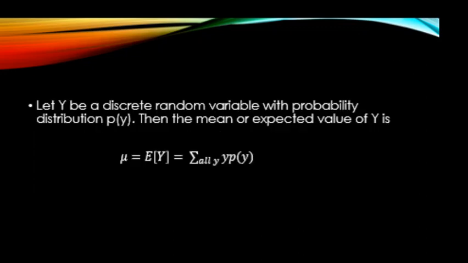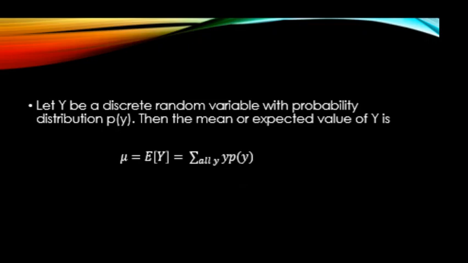Let's first look at the mean, also called the expected value, of our variable y. We have to use the probability distribution of this discrete random variable to get the expected value or the mean. So mu is equal to E, uppercase E, and then square brackets, and then our variable y. This is called the expected value of y. It's equal to the mean, and it is equal to the sum of each value of y times its probability.